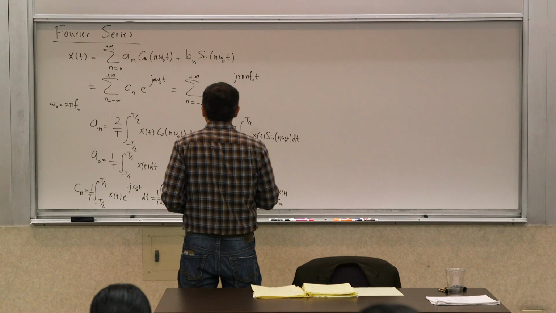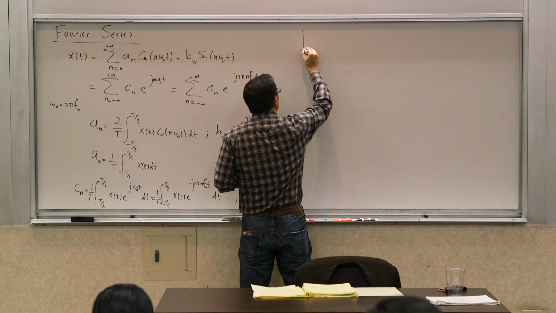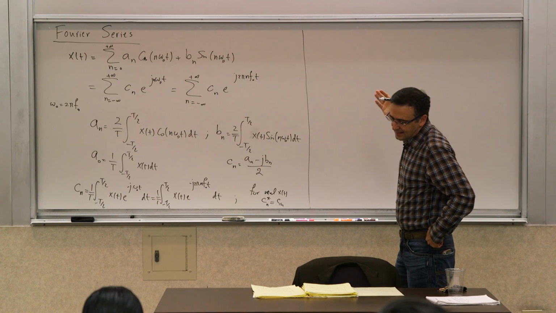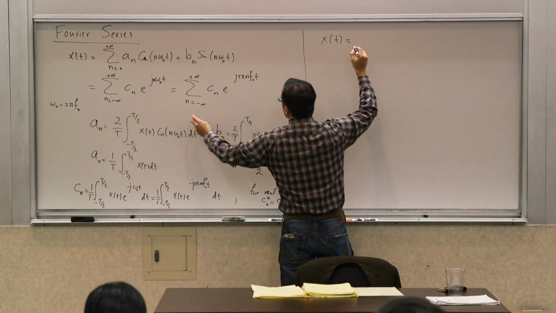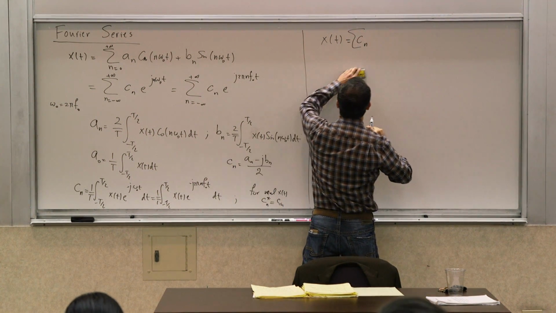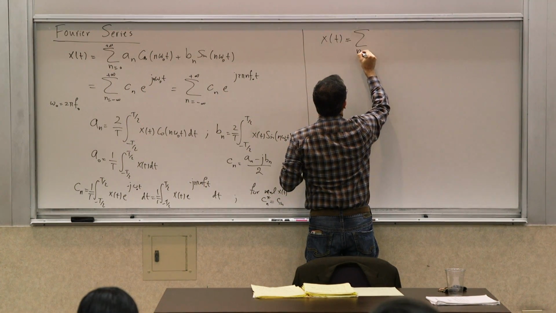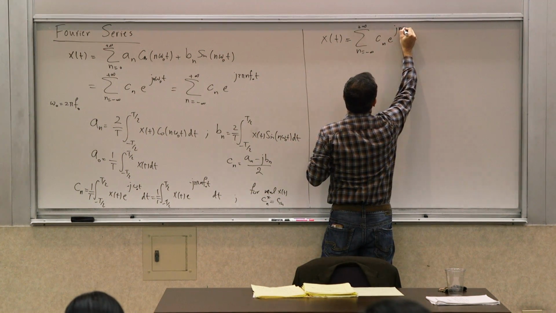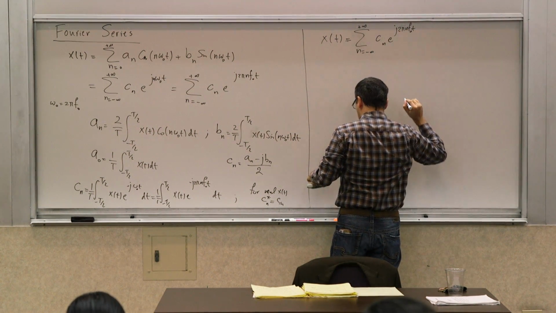What we did next was to say, look, okay, we have this, and we can write x of t based on this. So basically I'm just copying here. x of t is the sum for n from negative infinity to positive infinity of C_n e to the j 2 pi n f naught t.